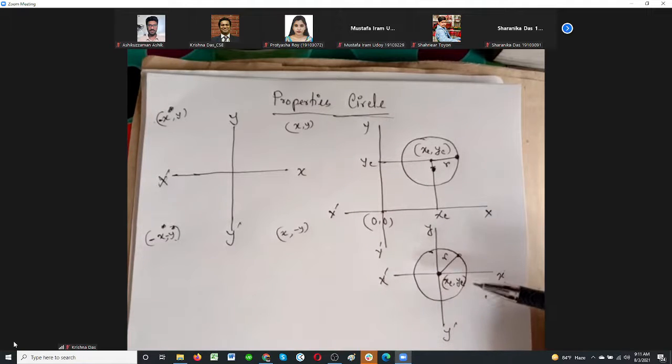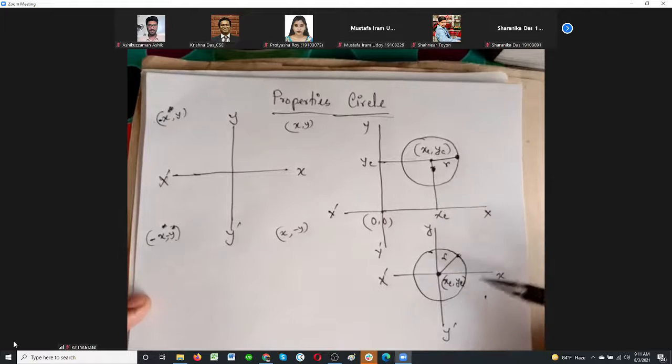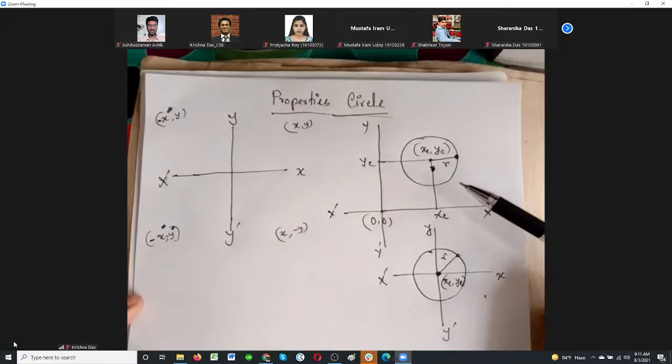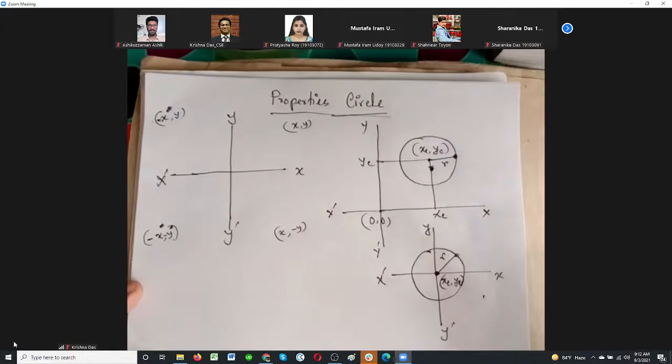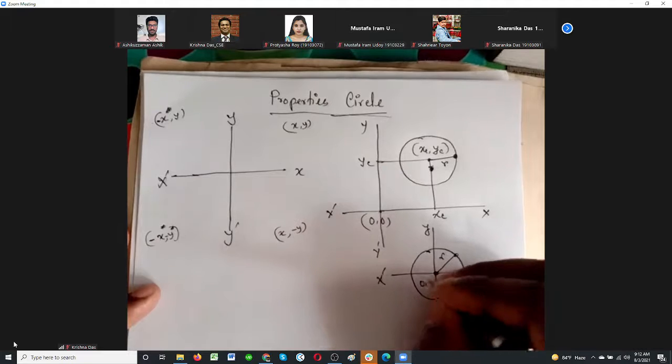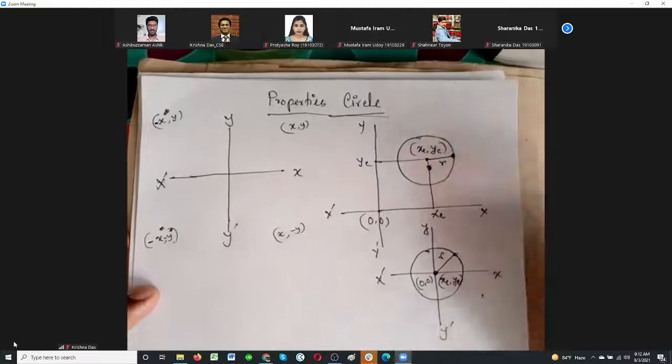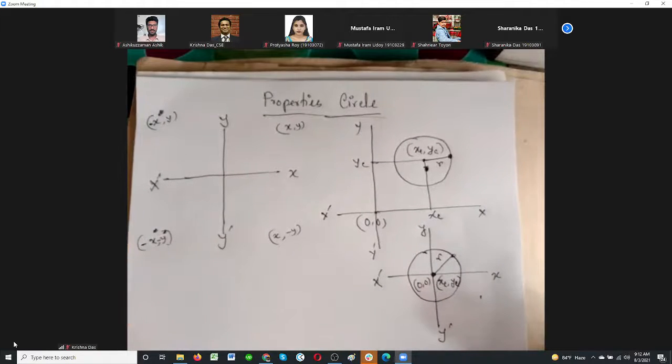Now what is the difference that we have for this circle and this circle in their properties? What is a very basic difference they have?